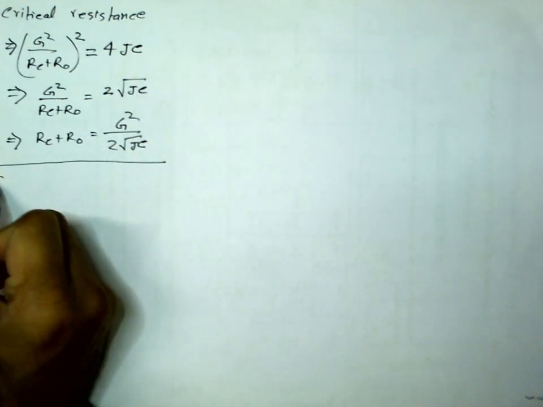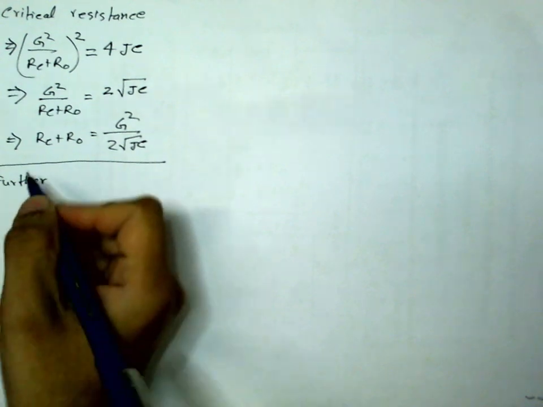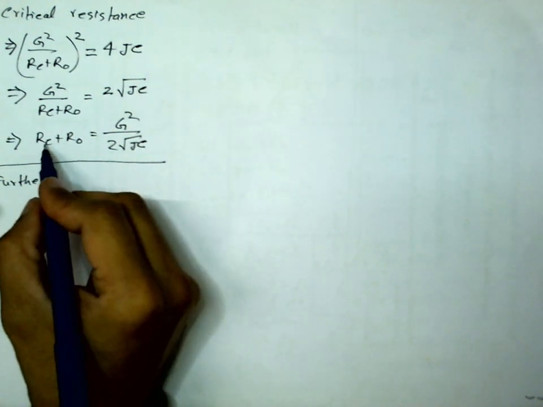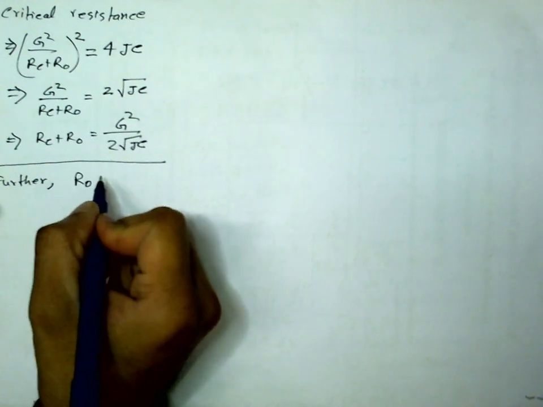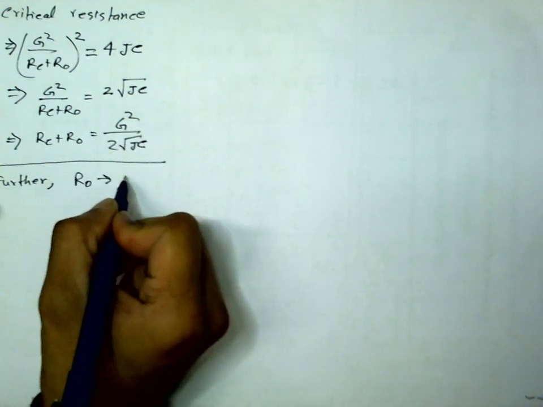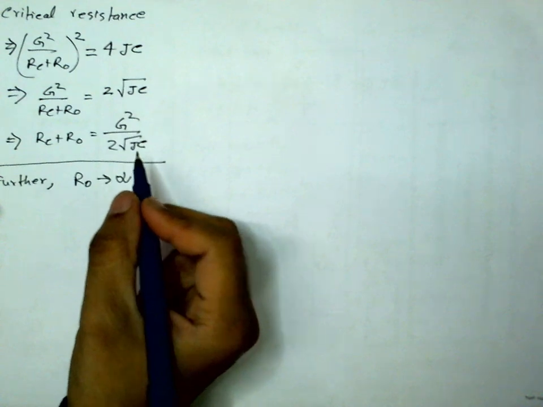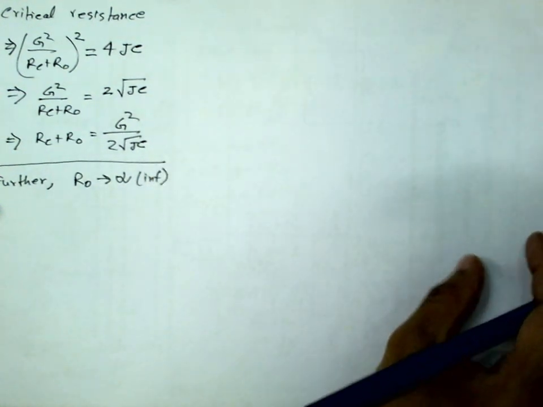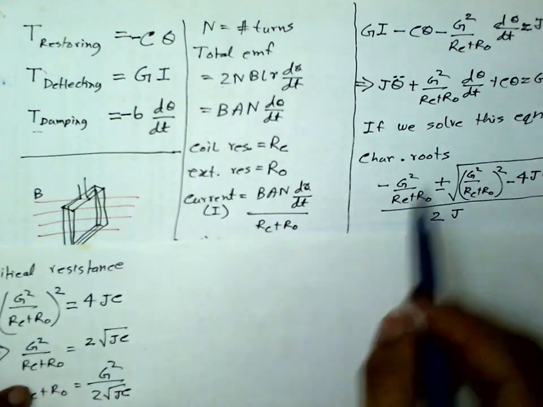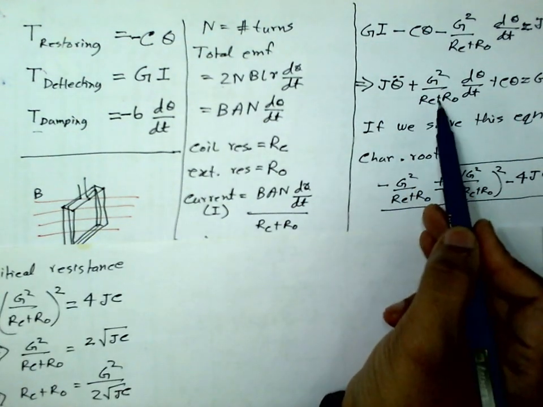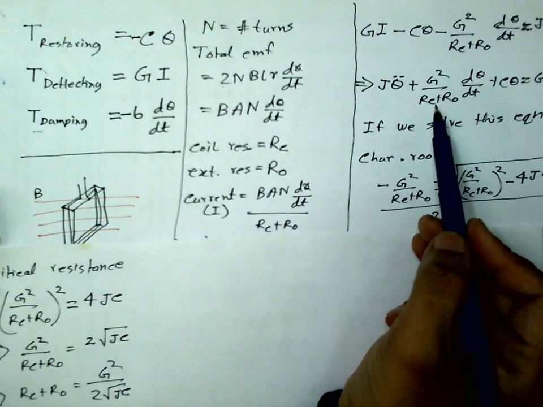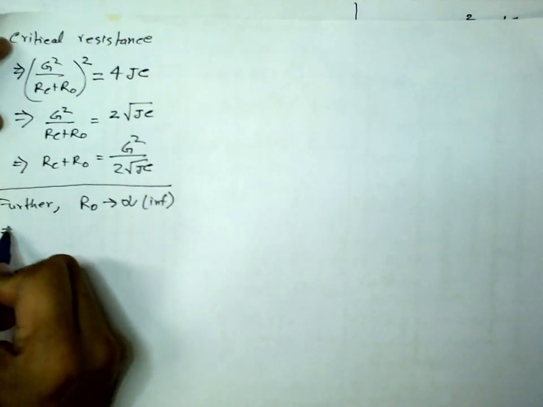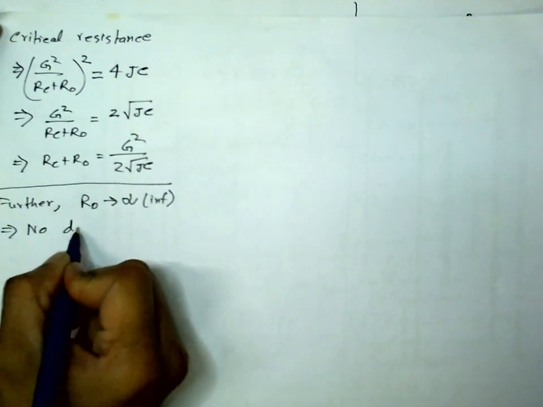Further, we know that if RO is infinite, okay, if it is infinite, then this term is 0, or the damping is 0. So this implies no damping at all.